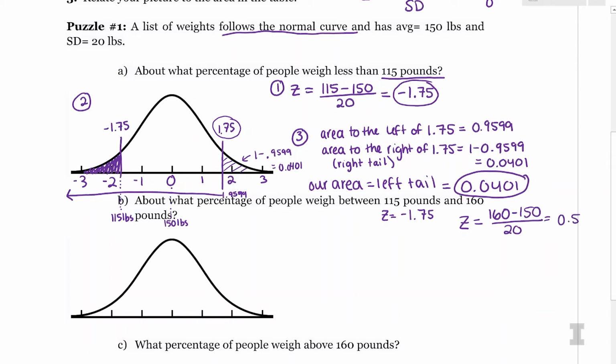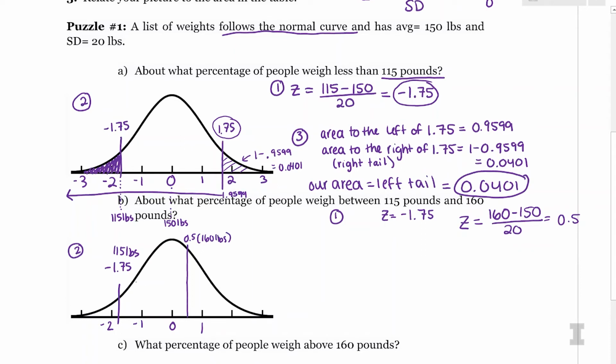So I did step 1, I converted to z-scores, and now let's do step 2, which is drawing my picture. We have 0 right in the middle, we have negative 1.75 about right here, which represents 115 pounds, and then we have 0.5 about right here, which represents 160 pounds.